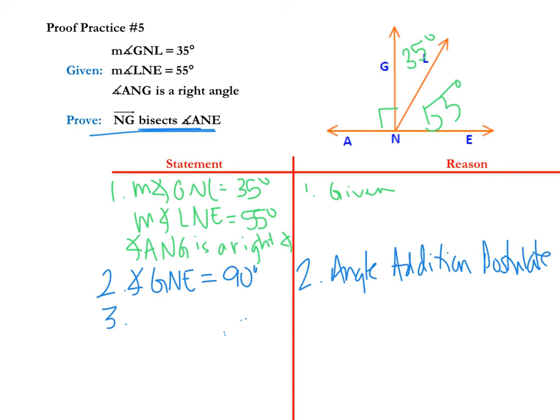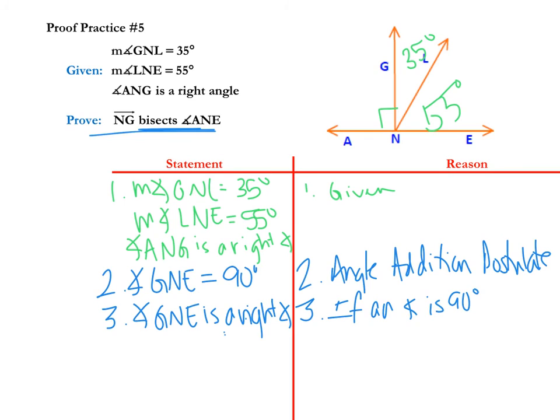Okay. If angle GNE is 90 degrees, we also know that angle GNE is a right angle. And again, if an angle is 90 degrees, then it is a right angle.